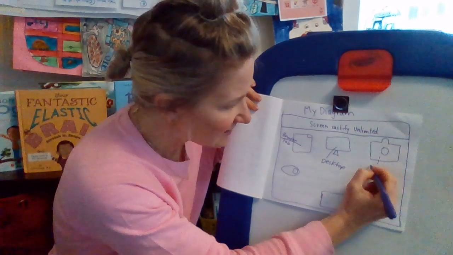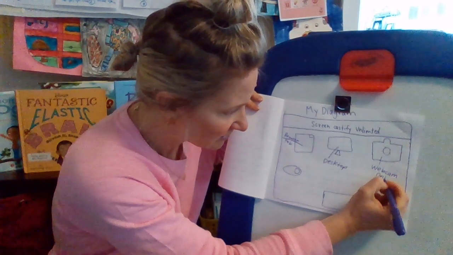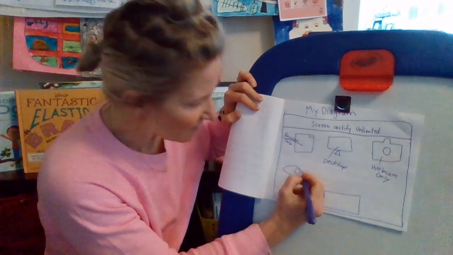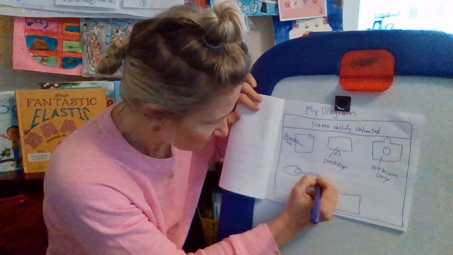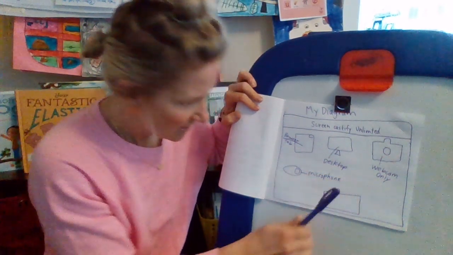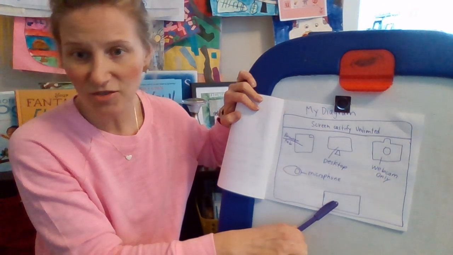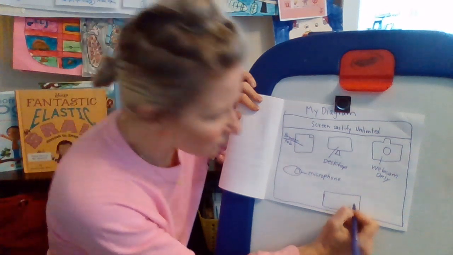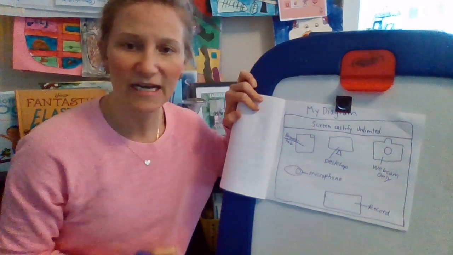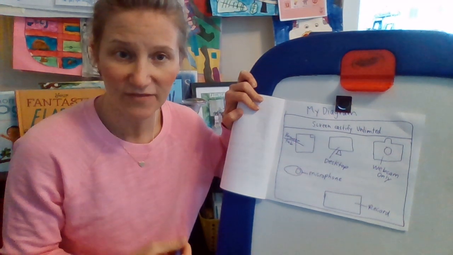This picture at the end stands for webcam only. This right here stands for microphone. And finally, this rectangle in the middle bottom of the screen stands for record. So by including this diagram in my story, I'm teaching my reader more about Screencastify.